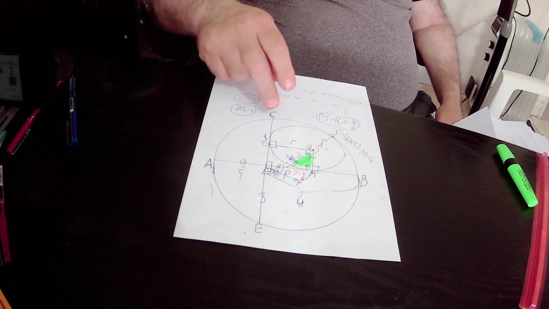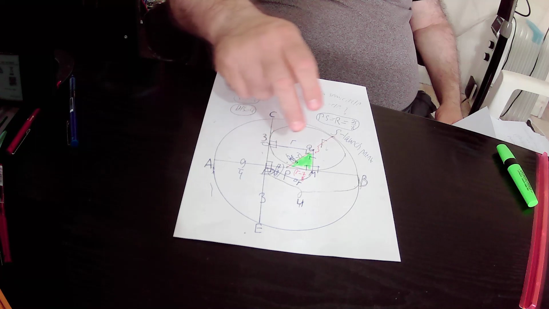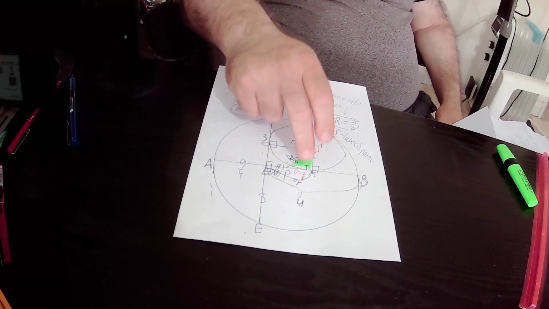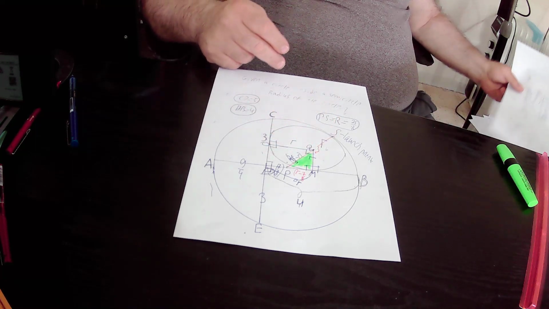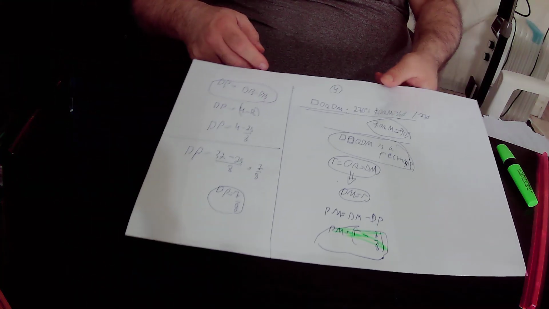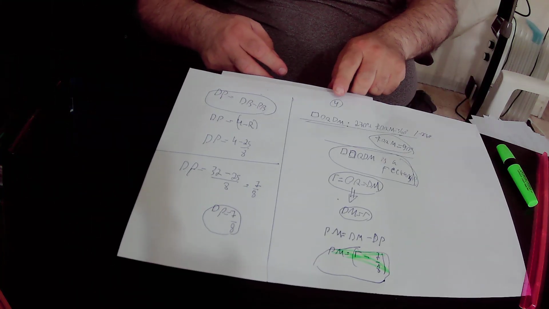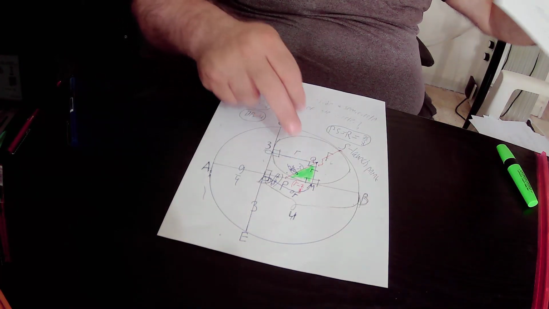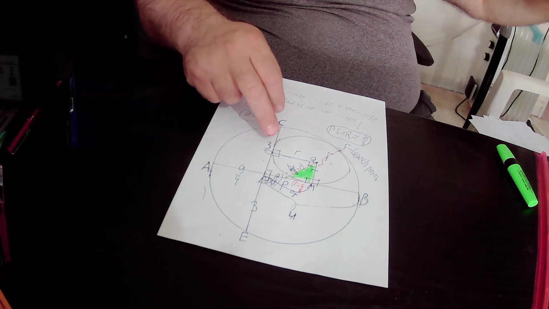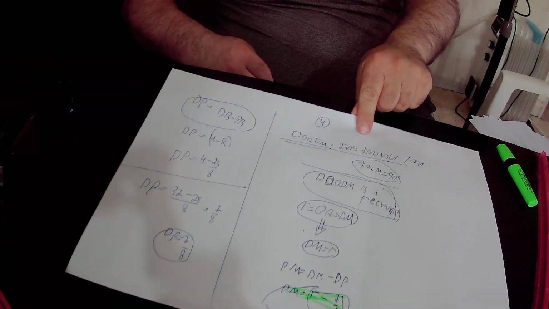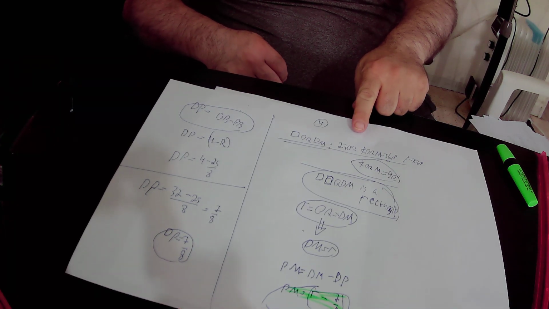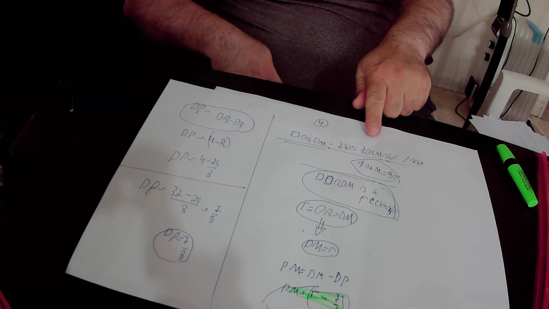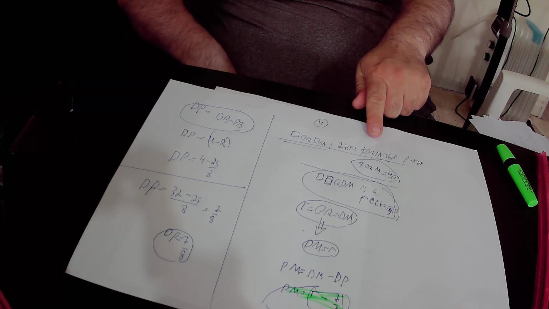So actually in quadrilateral OQDM we have 1, 2, 3 right angles. The sum of 3 right angles is 90 times 3, which is 270 degrees, plus the size of the fourth angle, that is angle OQM.